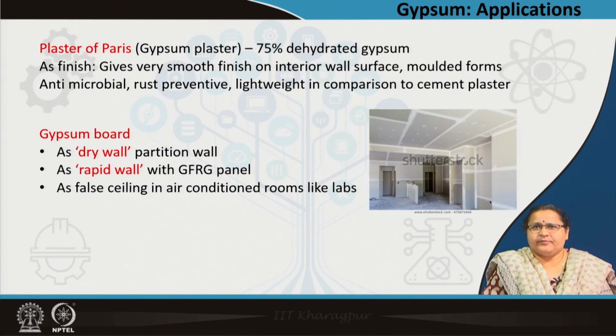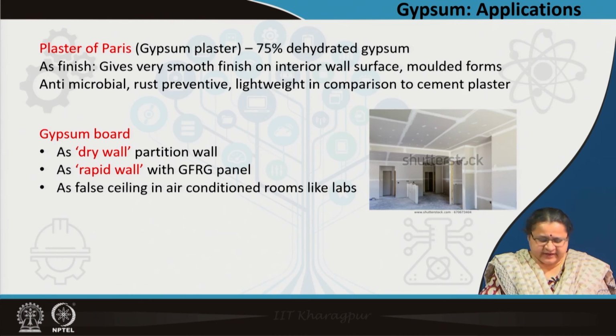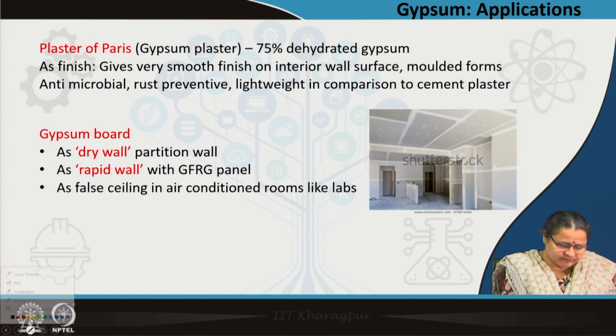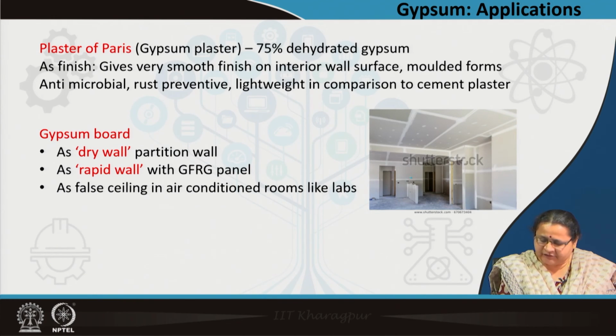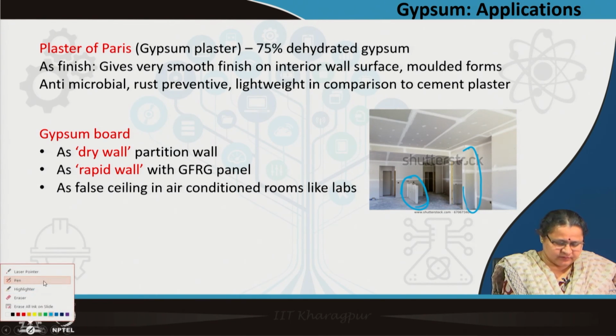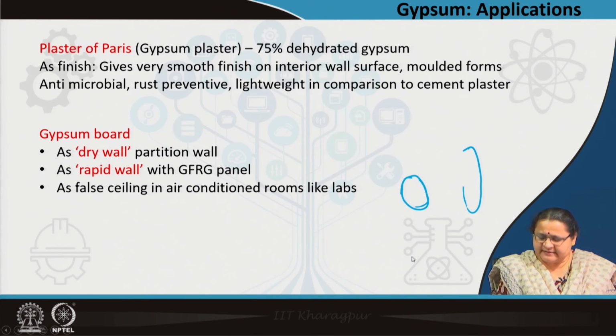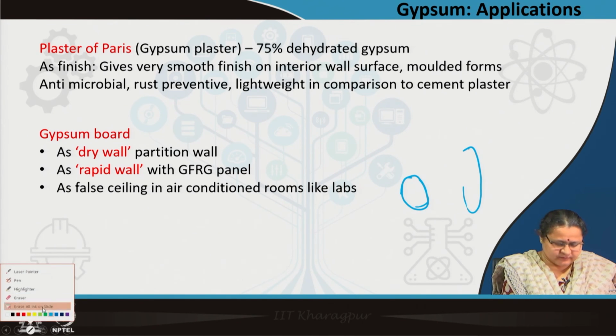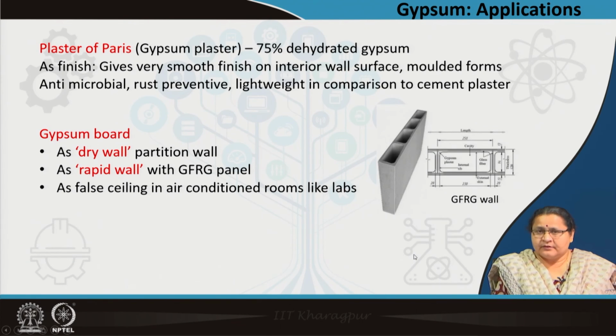Coming to the actual applications where gypsum is used as a dry wall. You see this picture, you can see a half dry wall. This is a half dry wall made of gypsum. These are full length partition walls made of gypsum. It can be used as glass fiber reinforced gypsum.